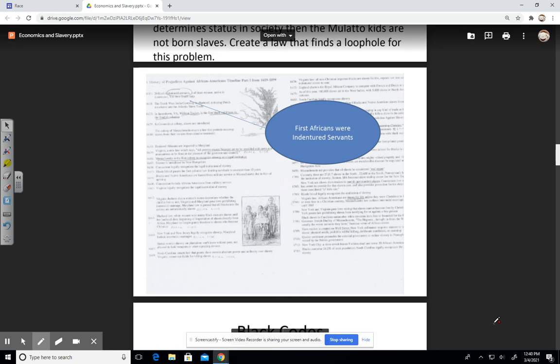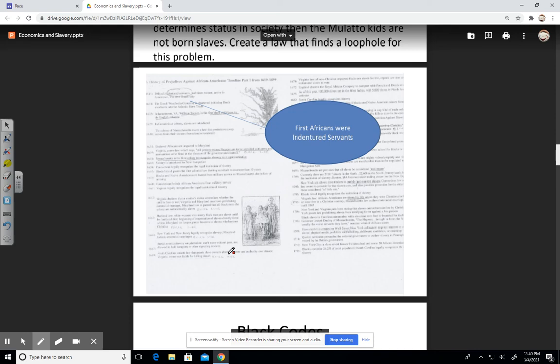So this is outlined in the slave codes here, and do not mix up the slave codes with the black codes. Slave codes are 1600s, where we make the transition to permanent involuntary hereditary servitude, whereas in the 1800s after the Civil War, the black codes are the codes that lead to segregation.